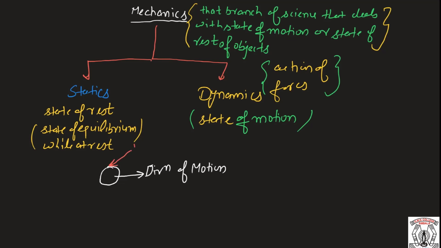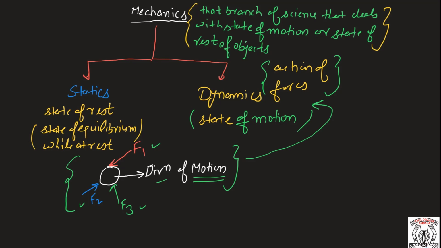Say this force F1, this force F2, this force F3, and motion is in this particular direction. Then the branch of science that deals with the forces, like forces F1, F2, F3, on the objects that are in motion, is called dynamics.